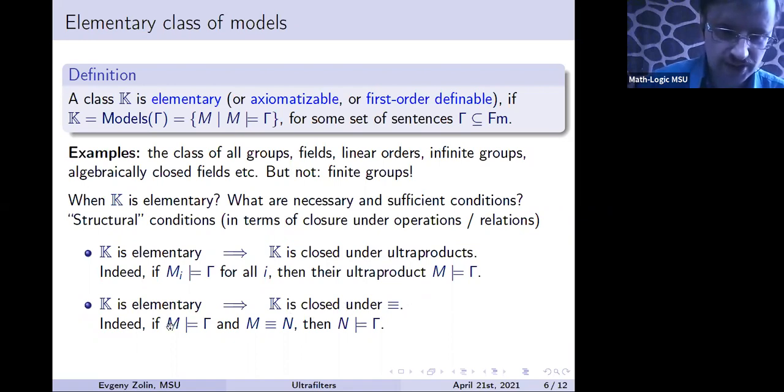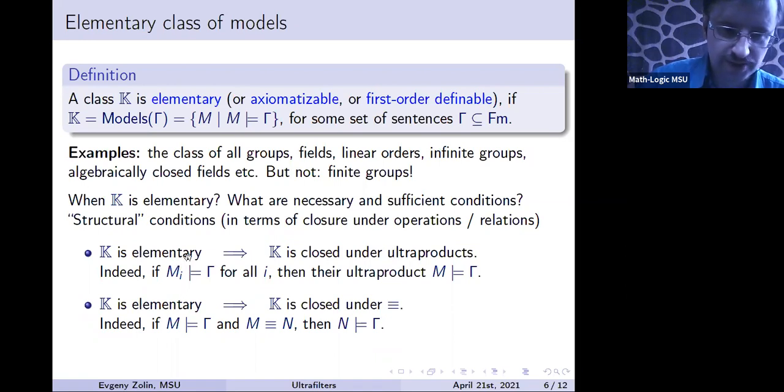So assume that M is a model from K. This means that M satisfies gamma. And assume that M and N are elementarily equivalent. Why is N in our class K? Because it satisfies gamma. We transfer gamma from M to N.